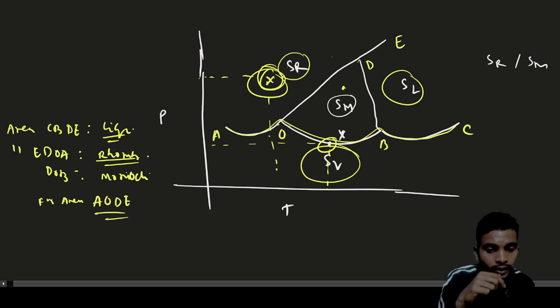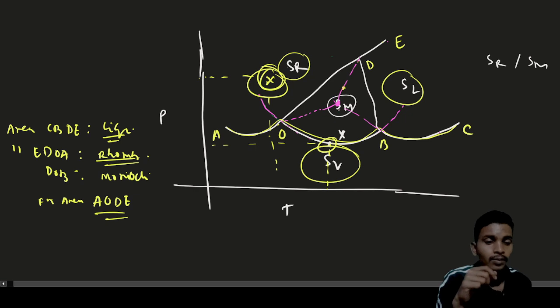So if you extend this curve to here, then it will go to here, and if you extend this curve, it will go here. Let's say it starts at this point and extends, then it will come to here.